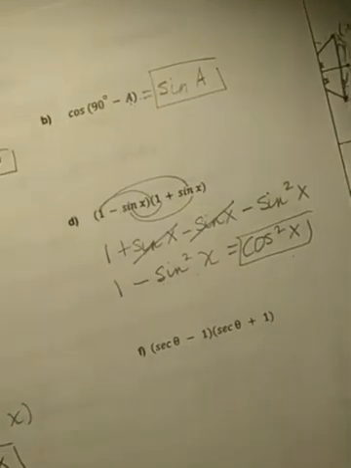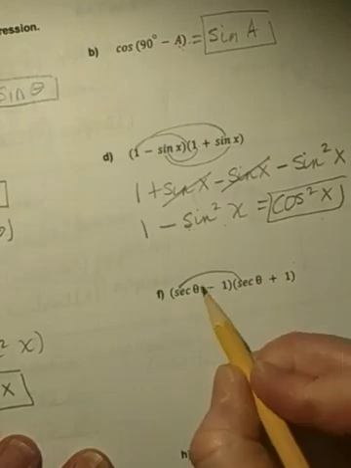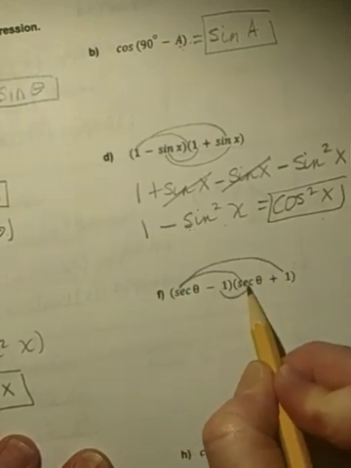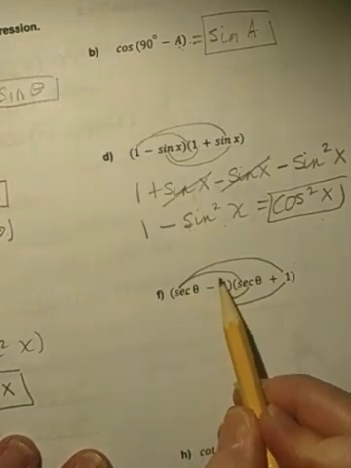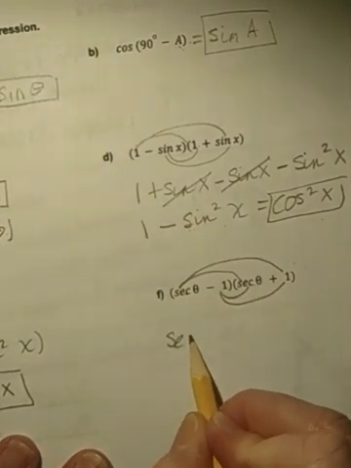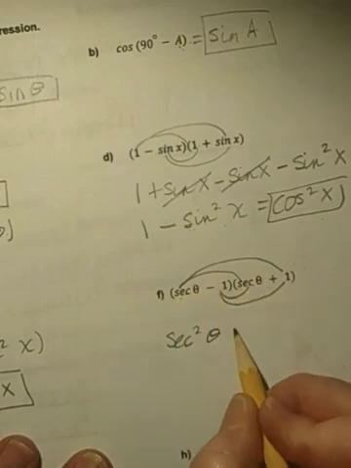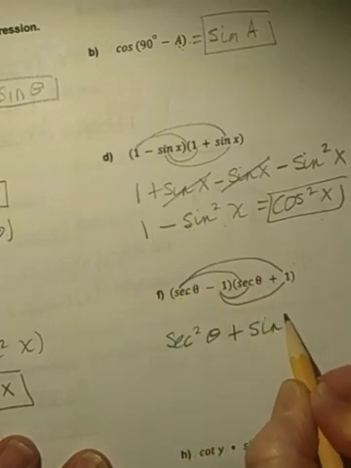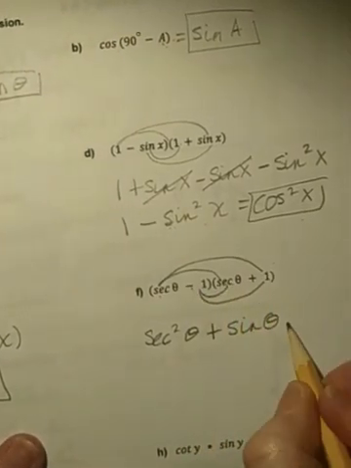Again, just do some multiplication. First, outer, inner, and last when you multiply two binomials. So secant times itself, that's secant squared theta. Secant theta times 1. And then we're going to have negative 1 times secant theta.